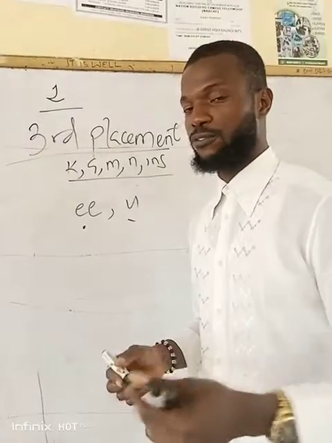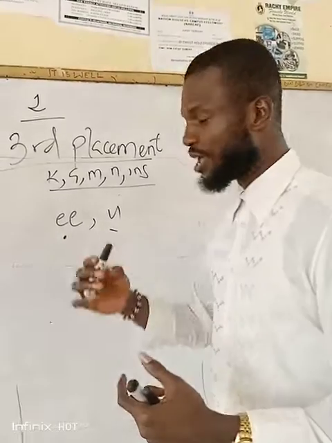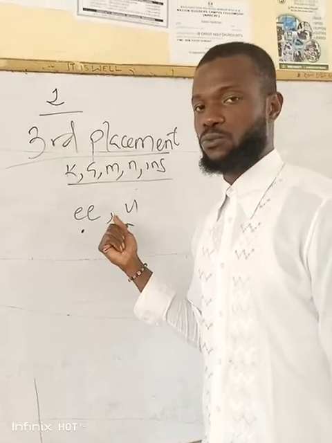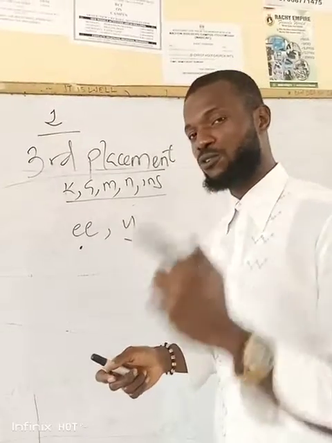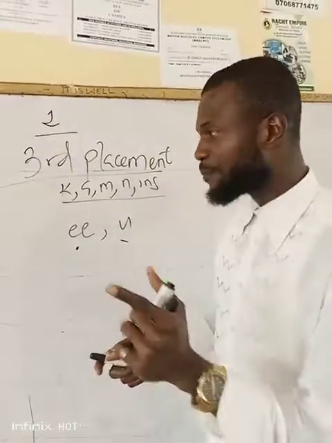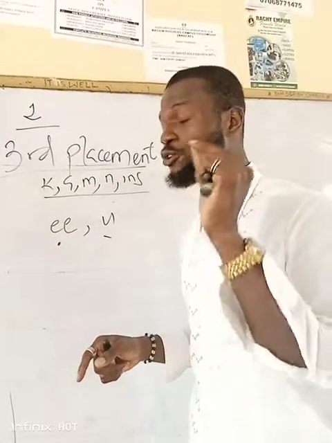And now the rule of this third place is, whenever you hear either of these two, whenever you hear E or U, the first consonant stroke of that word, except horizontal strokes, will cross the line.